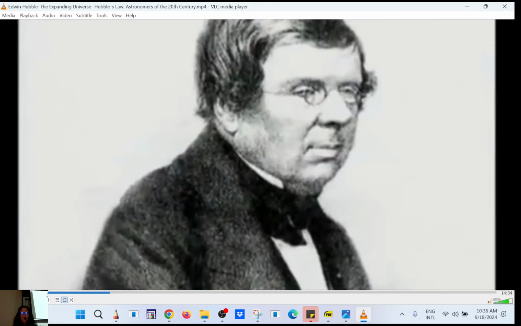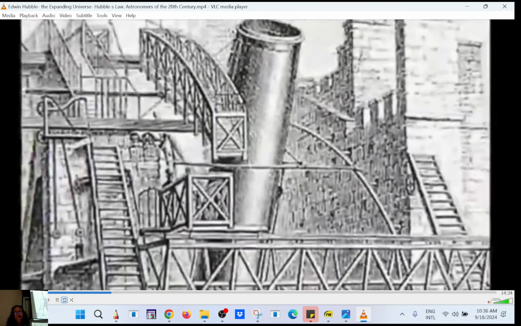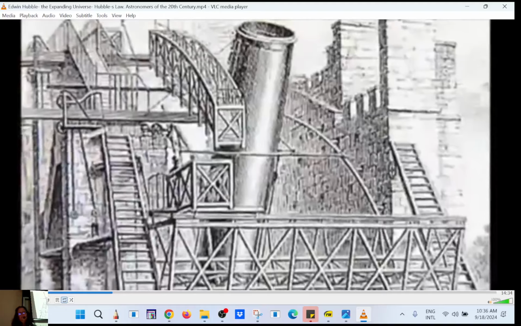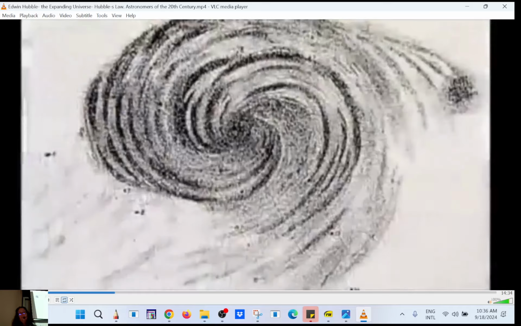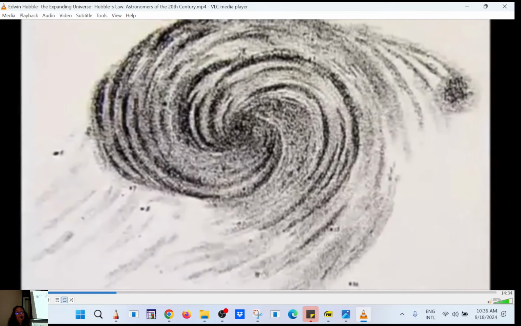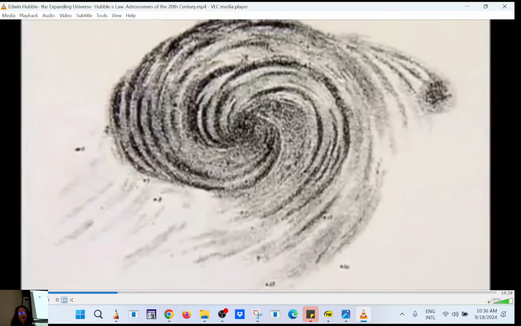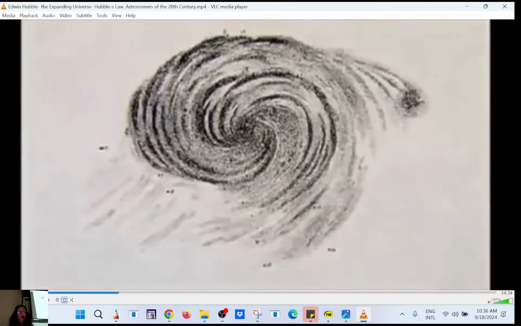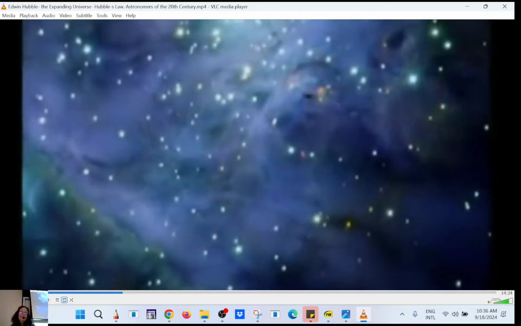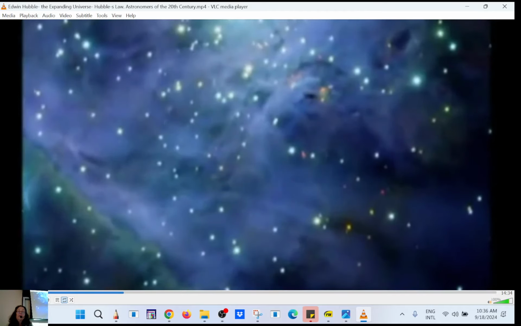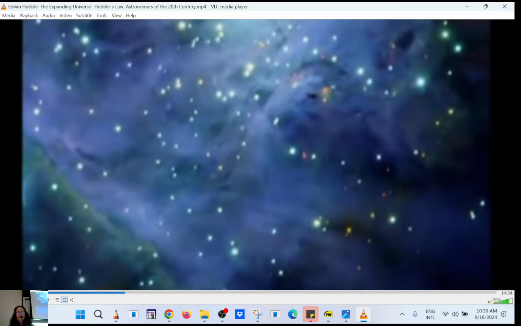Weighing 10 tons, it was the most powerful telescope of its day. With it, Rosse recognized for the first time that many of these nebulae, as they were called, were spiral in form. He did not know that they were other galaxies. His drawing is amazingly detailed, as can be seen by comparing it with a photograph. But while more and more spiral nebulae were discovered, there was still no model to explain what they actually were.